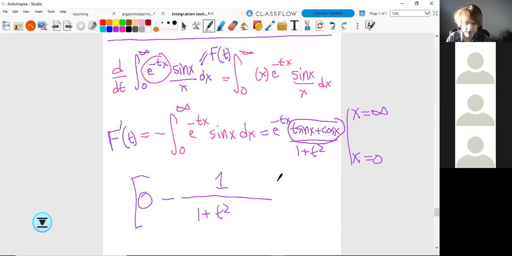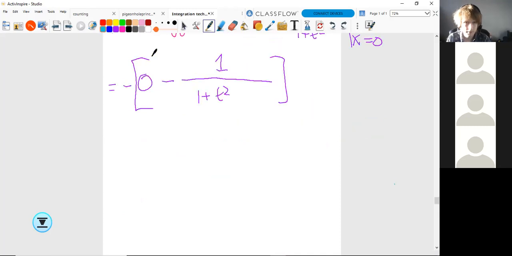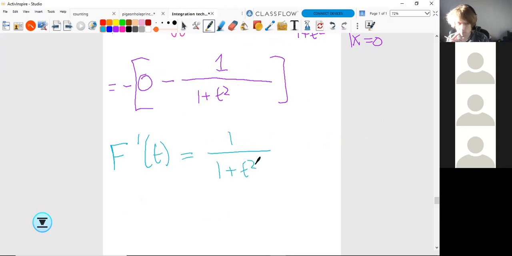And one mistake that I made right here is I also didn't include the minus sign. So putting it succinctly, F primed of t is equal to 1 over 1 plus t squared.